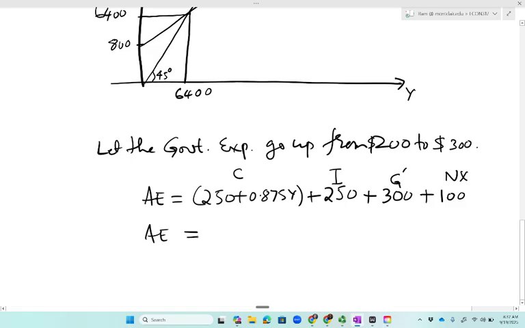We can simplify this. This expression will be similar to what we had seen before, except the constant term goes up from 800 to 900.